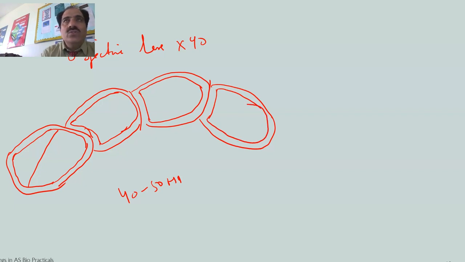If we are asked to show or label the cell wall, I'll make a line starting from the middle of the wall and write down this is the cell wall. So this is a drawing of four cells in the ring. Now if we are asked to make a drawing of four cells, each cell touching at least two other cells, for example, I will show two cells from the endodermis.